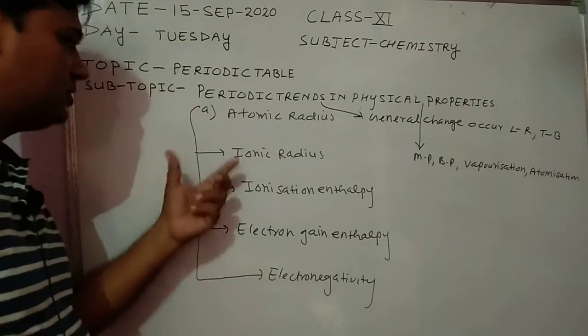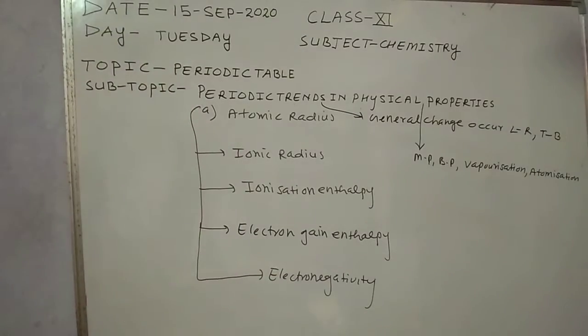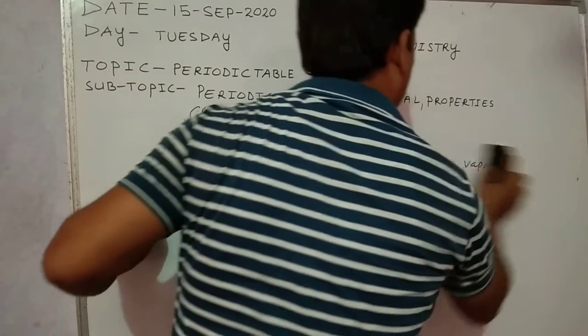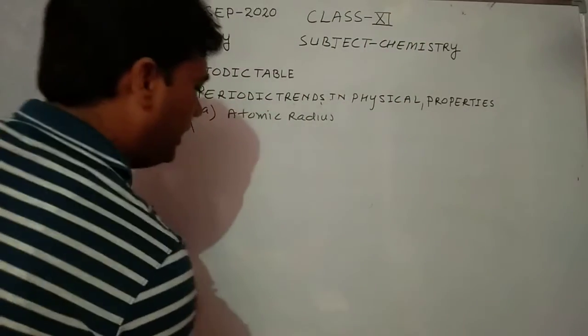I am going to discuss them one by one. The first one is atomic radius, the first parameter of periodic trends in physical properties.